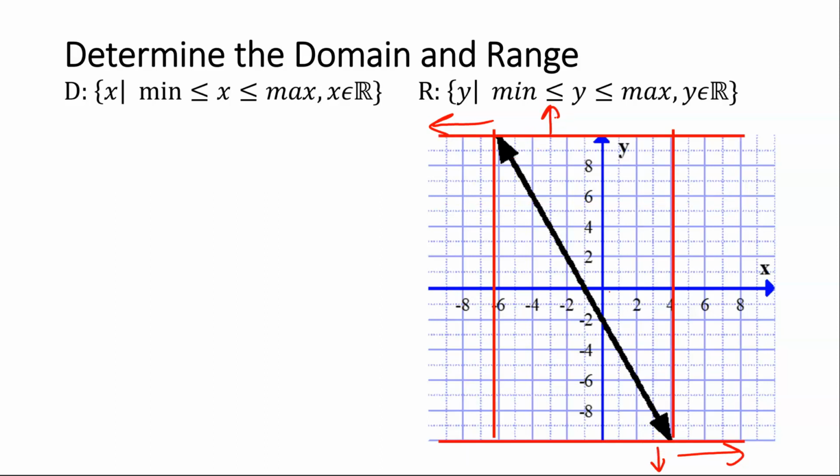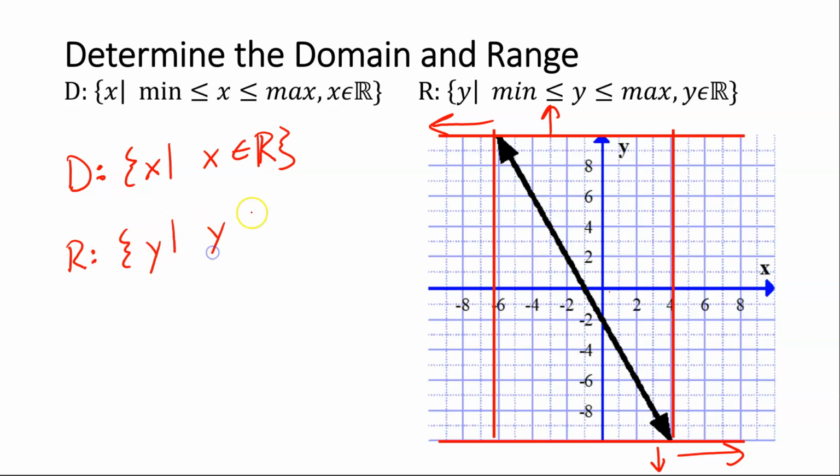So it's covering everything. So the domain is just all the real numbers being covered. And the range, all your possibilities for y, is everything, all real numbers.